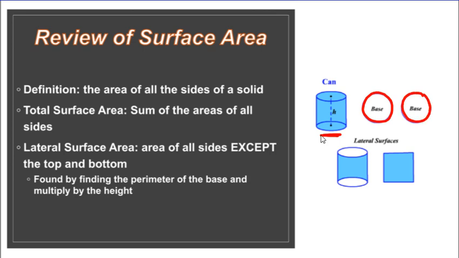But the lateral surface is actually a rectangle, because if you were to roll that rectangle up, you would get the side of this canister. So you would multiply the circumference of the base by the height to find the surface area.